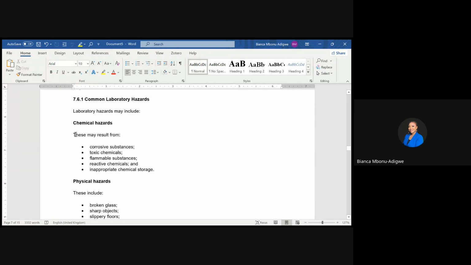Chemical hazards are any form of problem that will arise because of a chemical. They may result from poisonous chemicals, flammable substances, inappropriate chemical storage. Any hazard, any problem that will arise as a result of exposure to chemicals is what we call chemical hazards.